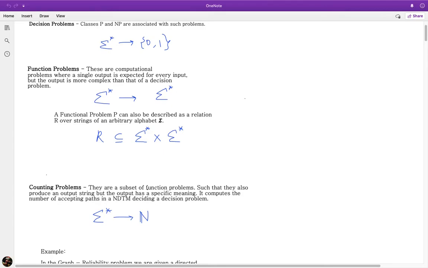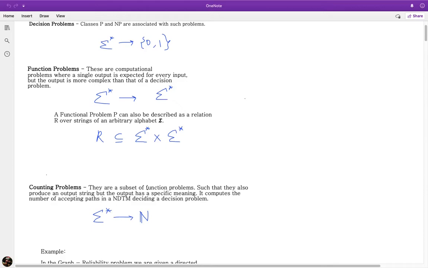Next, we are going to see a different type of problem known as counting problems. They are also a subset of function problems, and the difference here is that they take a string as input and output a natural number. So they give a number as an output, to a specific input string. But here the output has a specific meaning.